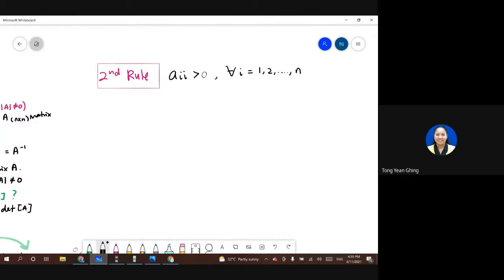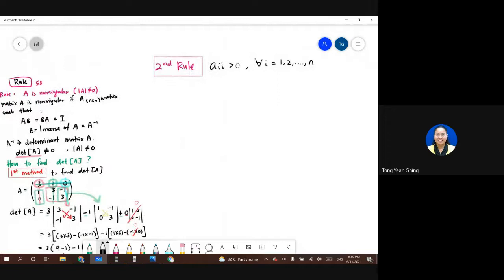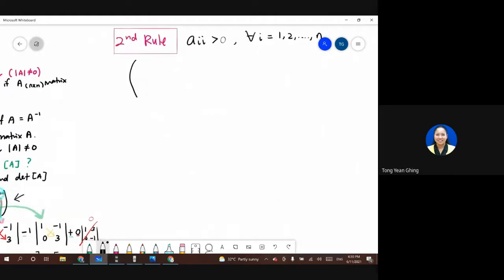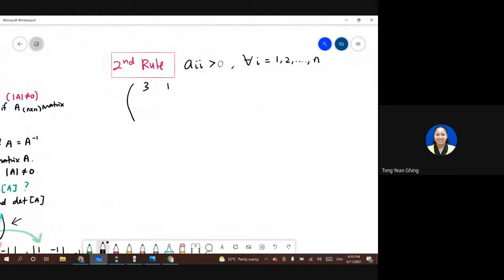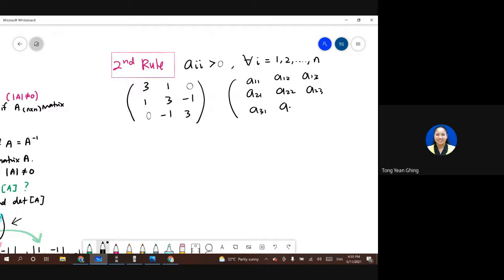So that means, let's say we have the matrix from just now. Let me write it again: 3, 1, 0, 1, 3, negative 1, 0, negative 1, 3. Normally we write the entries as A11, A12, A13, A21, A22, A23, A31, A32, A33.